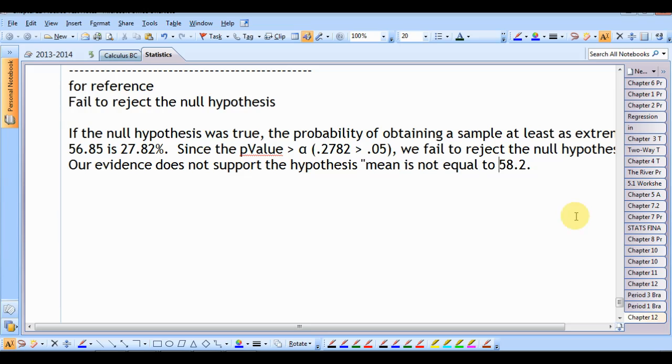If we did reject, then we would have evidence to support.